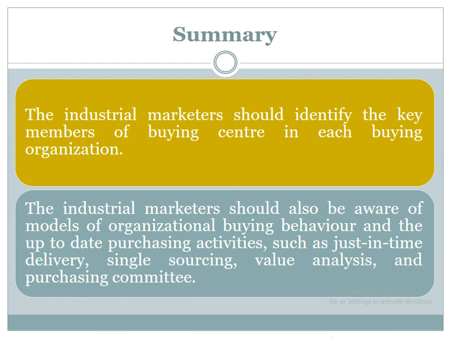The industrial marketer should identify the key members of buying center or decision-making unit in each buying organization. The industrial marketer should also be aware of the models of the organizational buying behavior and up-to-date purchasing activities such as just-in-time delivery, single sourcing, value analysis, and purchasing committee.